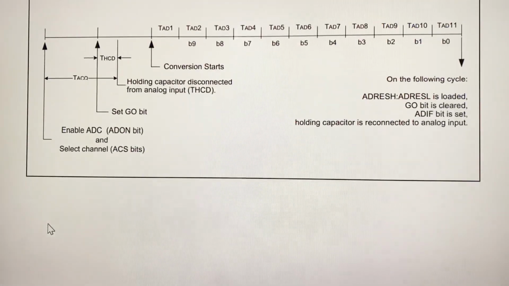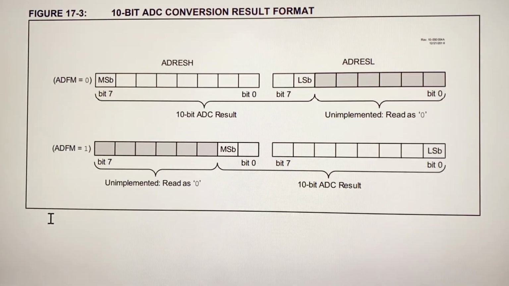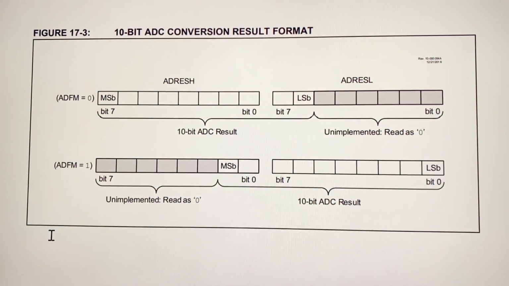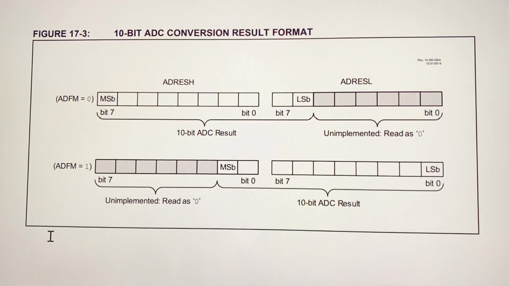Okay, and this is the format for the conversions. So let me clarify the light right here. You have the format justification bit, known as ADFM. If that bit is equal to 0, your conversion will be this way.